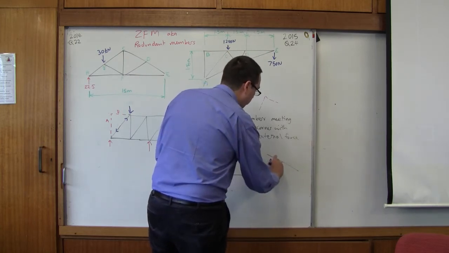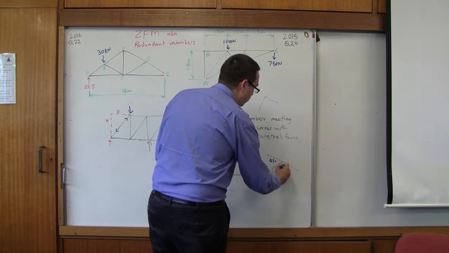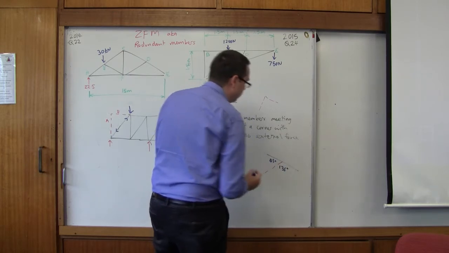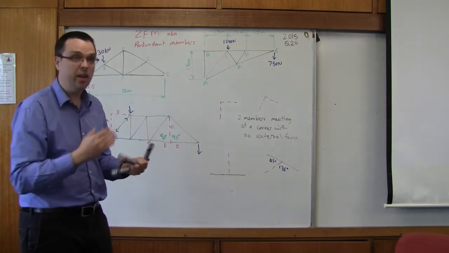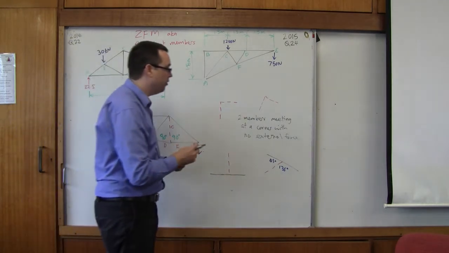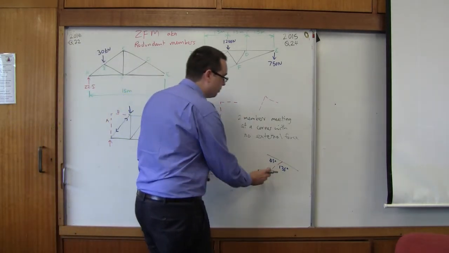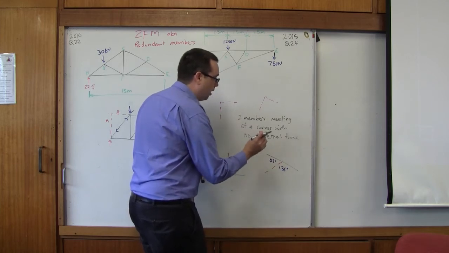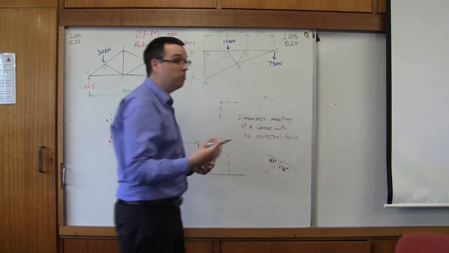So if this is 45 degrees and this is 135 degrees, it's still going to count. So what we have here is, I'm just going to call this supplementary angles, right?